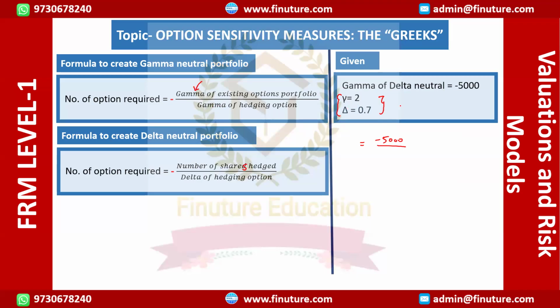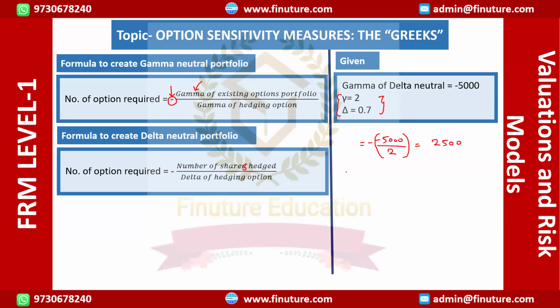The option that we will be using for hedging is this one, which has a gamma of 2 and a delta of 0.7. So I'll just divide by 2. And very important to note the sign here, it has a negative, so I'll just put a negative sign here. This negative and negative will get cancelled and you will get 2,500 positive.